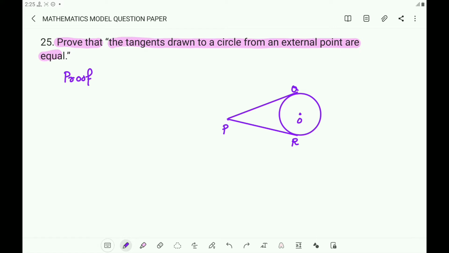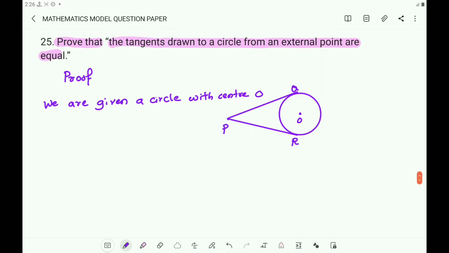We are given a circle with center O. With respect to the figure, what is given here? We are given a circle with center O, and P is an external point.